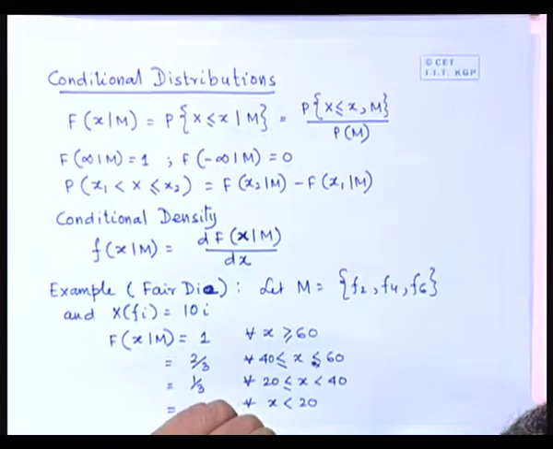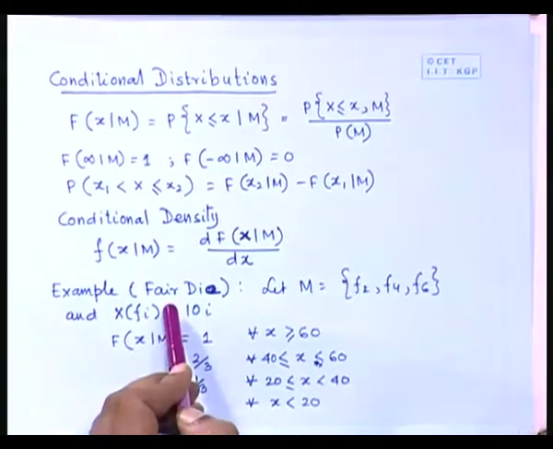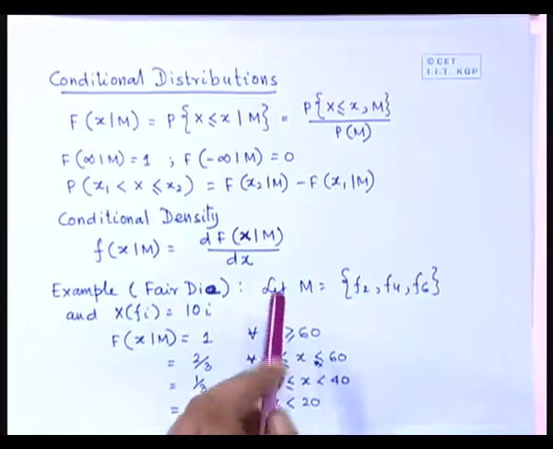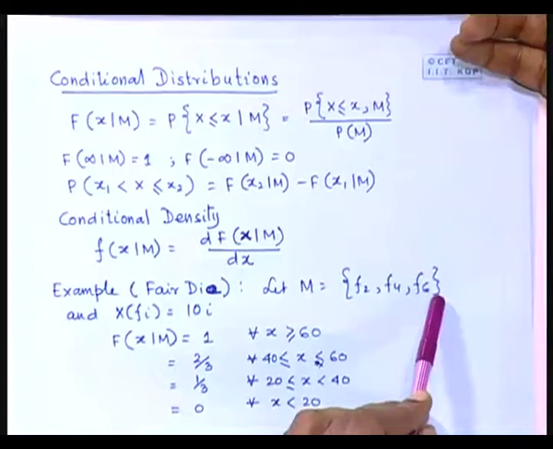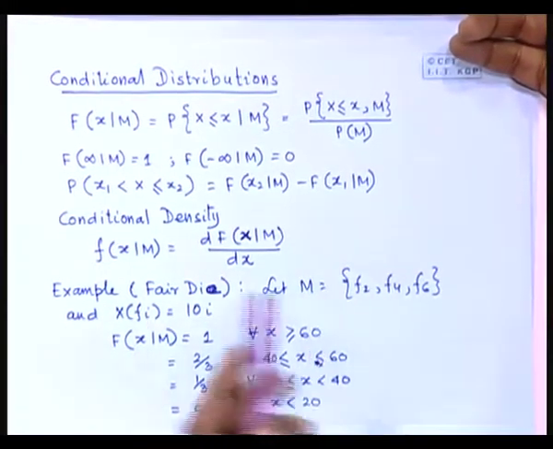For example, consider the case of a fair die, and suppose it is told that an event has occurred, the event M. M is faces 2, 4 or 6, that is, either 2, 4 or 6 has occurred.